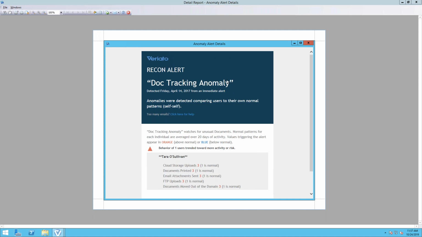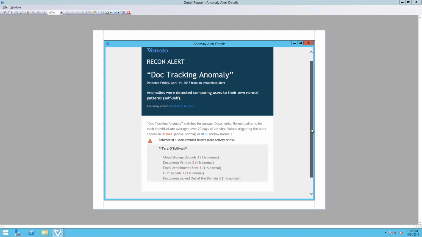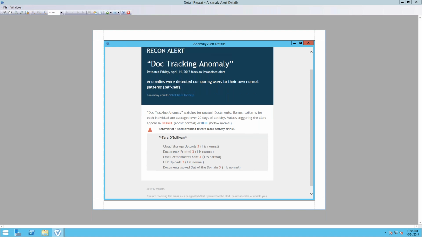It watches you for about a month, and then starts putting together a cumulative baseline of what is or isn't normal activity on a day-to-day basis for either that user compared to themselves or a group. So here we have an anomaly alert for document tracking. So you can see that cloud storage uploads, printed documents, attachments, and moved out of the domain. Normally she does about one a day. Now she's up to 3.